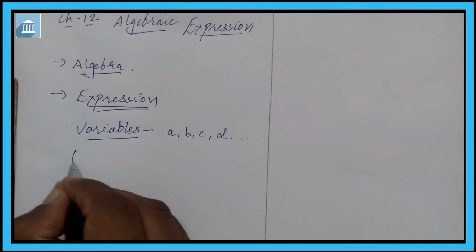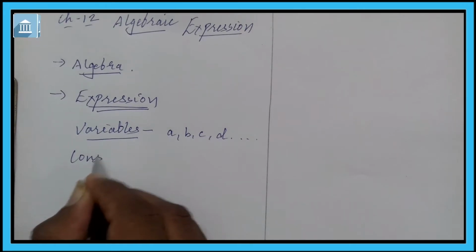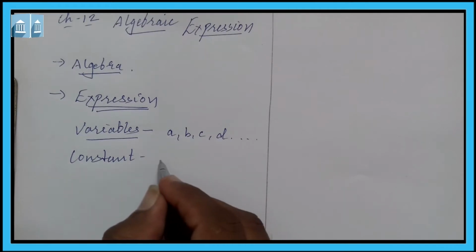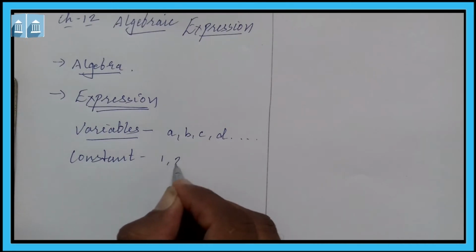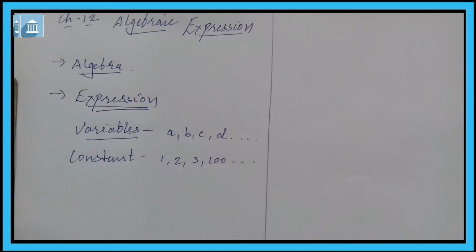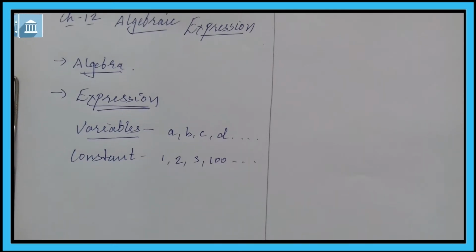The second thing is constant. Constant means when we use 1, 2, 3, or 100 or anything, numerical terms, with an expression, that is known as a constant.